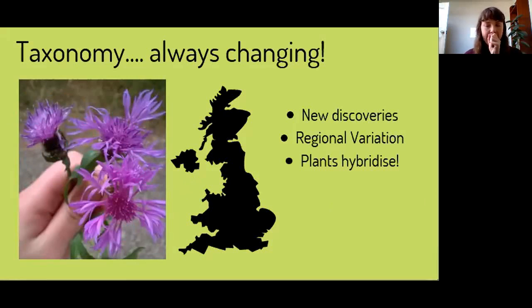So species will vary depending on the conditions they grow in. And a plant growing in extreme conditions, for example, on the coast, will look very different to the same species growing in a more sheltered spot inland. Plants naturally have a lot of regional variation as well, because they're rooted to the ground and they can't travel far to reproduce. So you tend to get pools of different genetic traits in different regions of the UK. Plants also can hybridize.